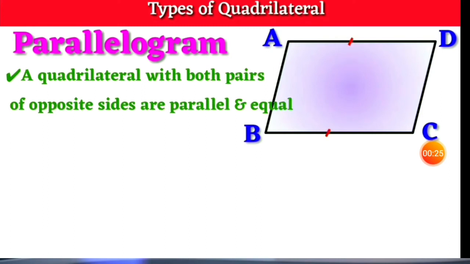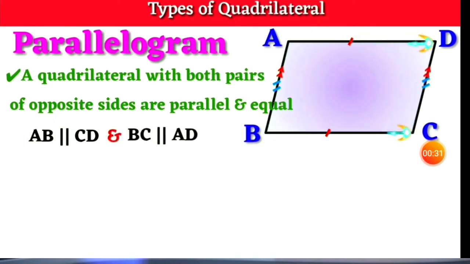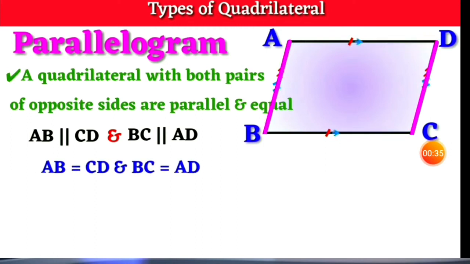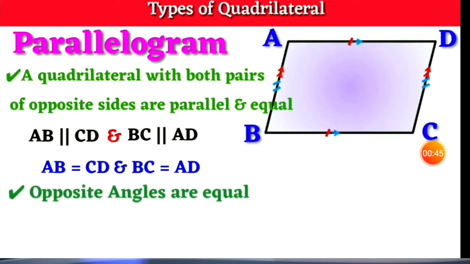Here AB is parallel to CD and BC is parallel to AD. Same way, AB is also equal to CD and BC is also equal to AD. That is, opposite sides are parallel as well as equal.